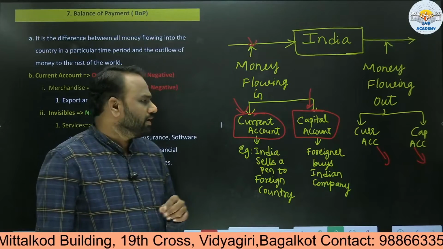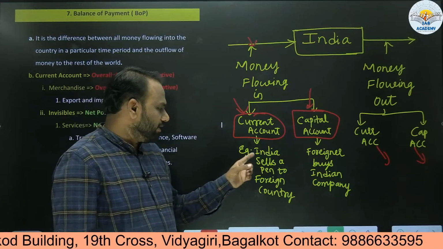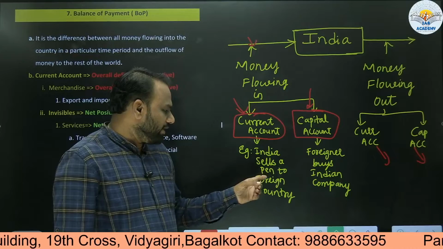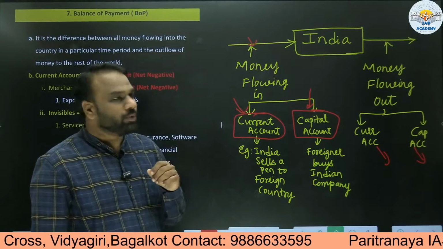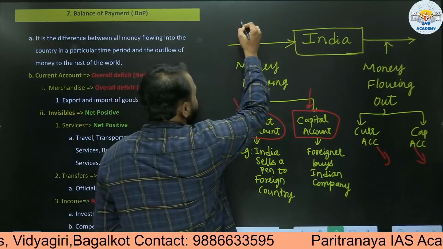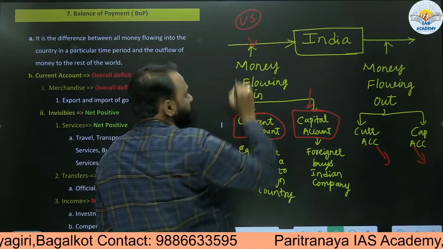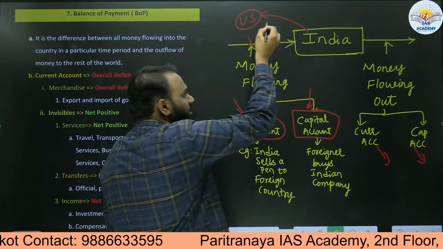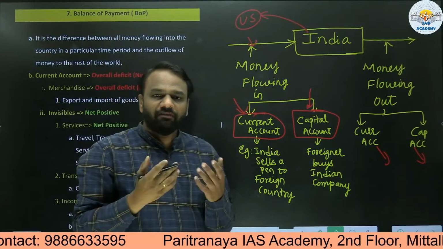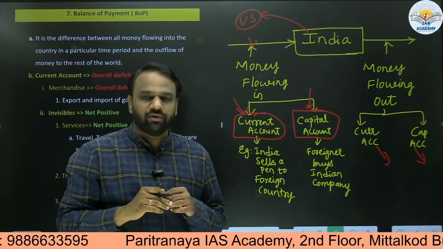As an example, I have taken here: India sells a pen to a foreign country. Let us assume it sells a pen to USA. When India sells a pen to USA, will India earn money or lose money?